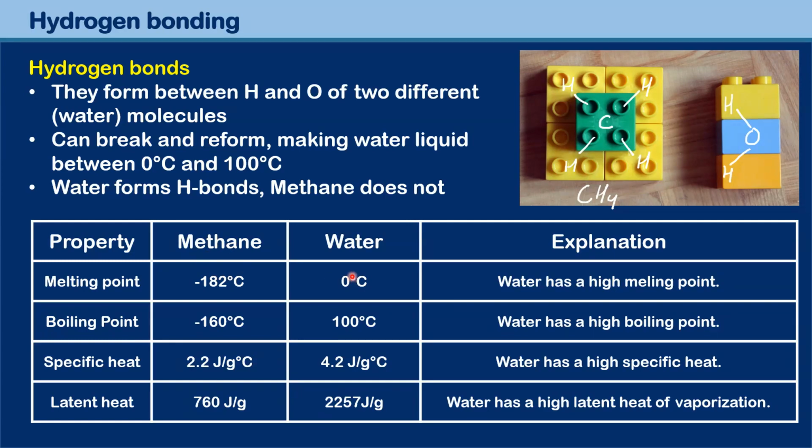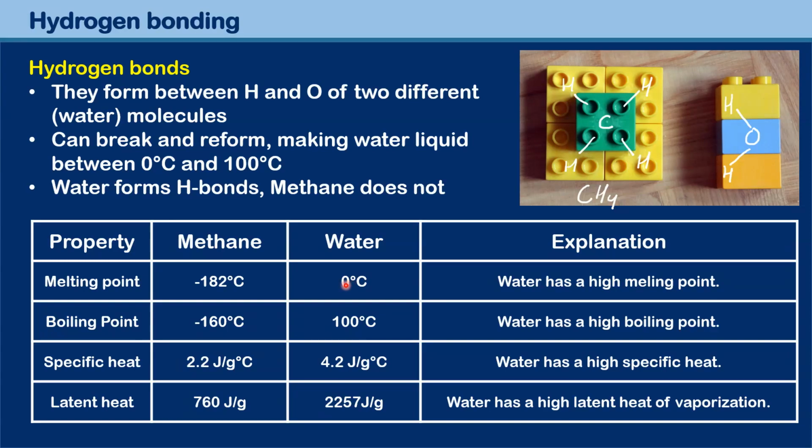And water melts at a relatively high temperature, 0 degrees centigrade. That's pretty warm. I know you don't think it's warm when it's 0 degrees outside. Some of you might think so, it depends where you live. But essentially, water has, compared to methane, a relatively high melting point. It goes from ice to liquid water at 0 degrees.